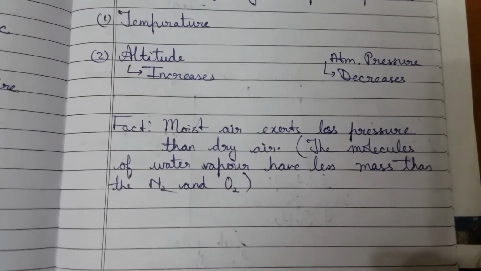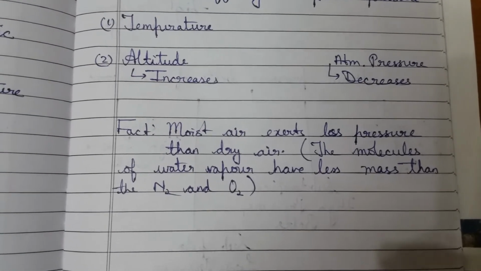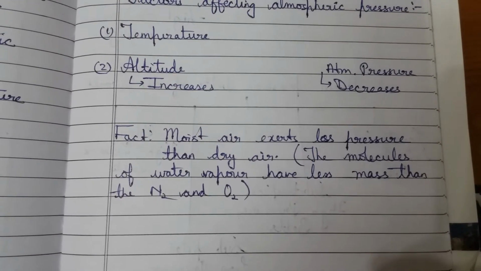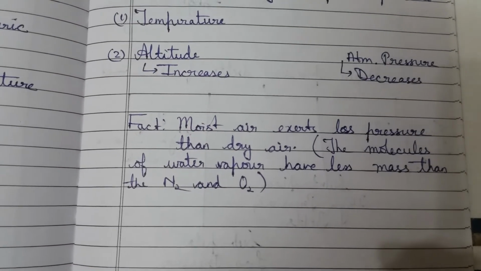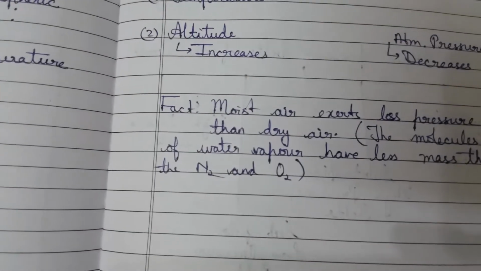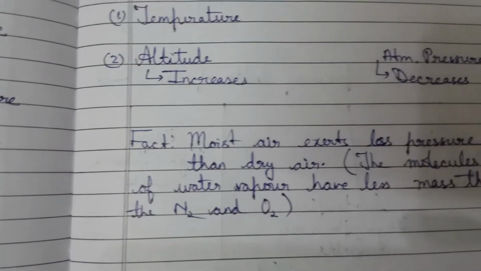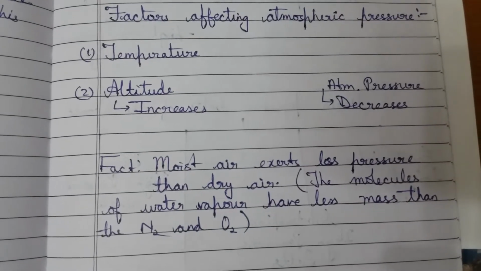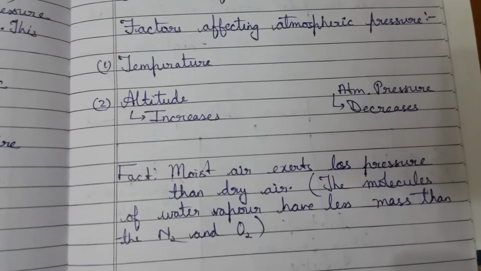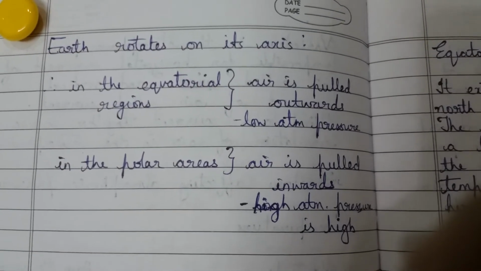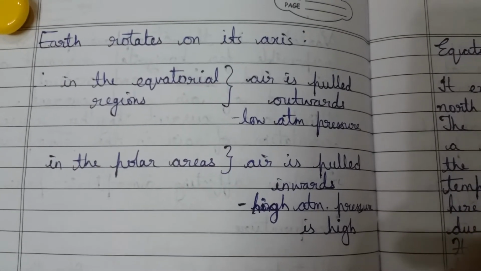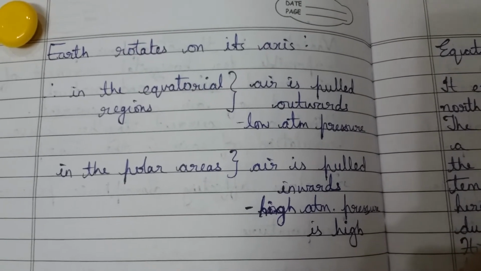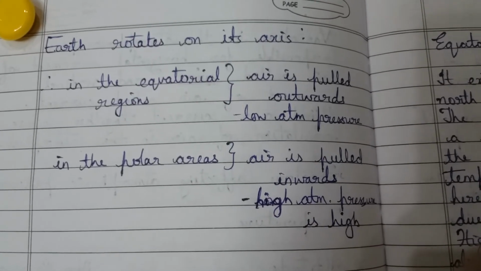Why so? Because the molecules of water vapor, that is H2O, have less mass than the other gases present in the atmosphere, like nitrogen and oxygen. So that's why moist air exerts less pressure than dry air. Now try to understand this concept as well: Earth rotates on its axis.